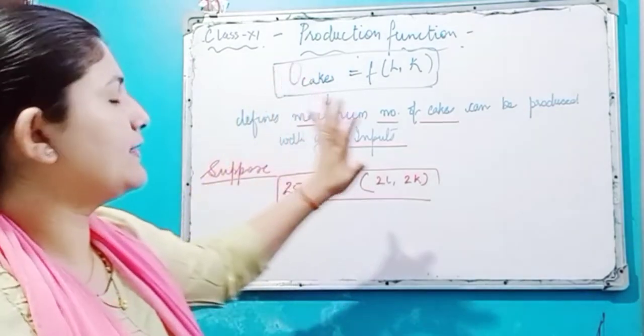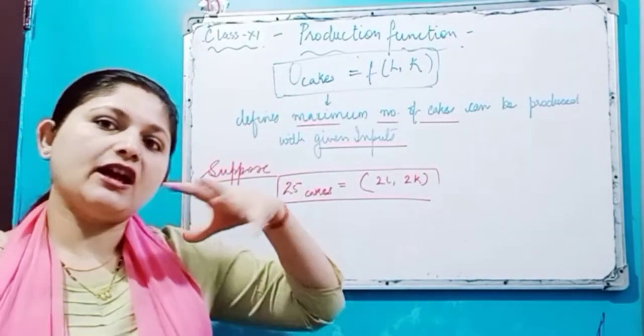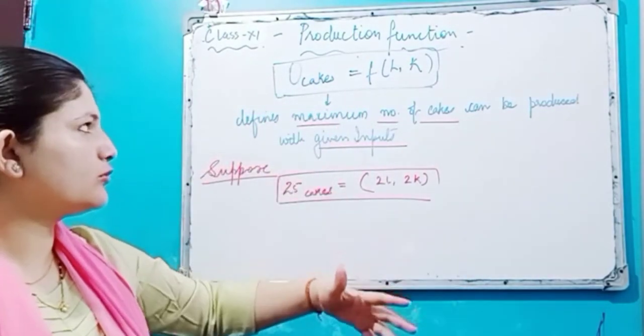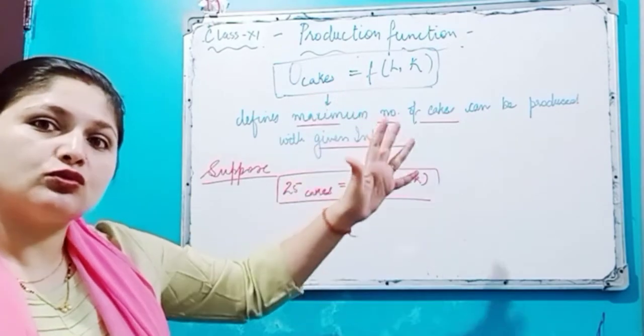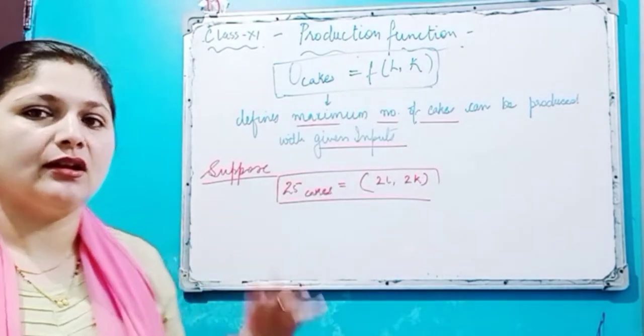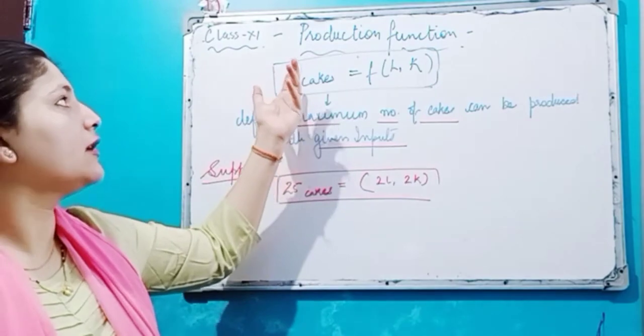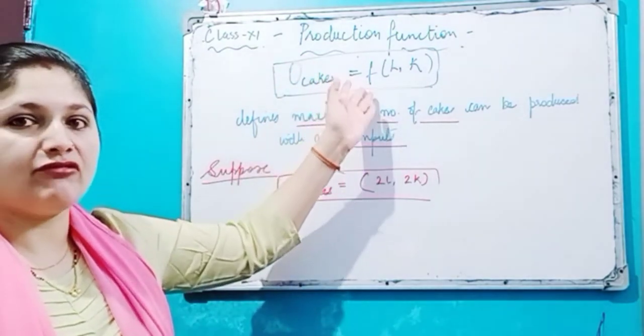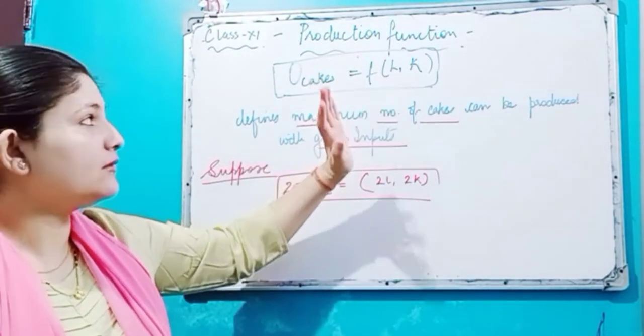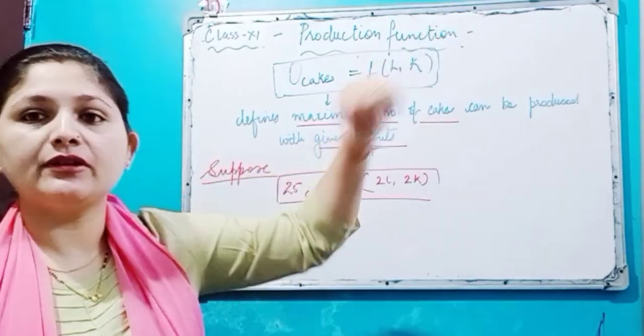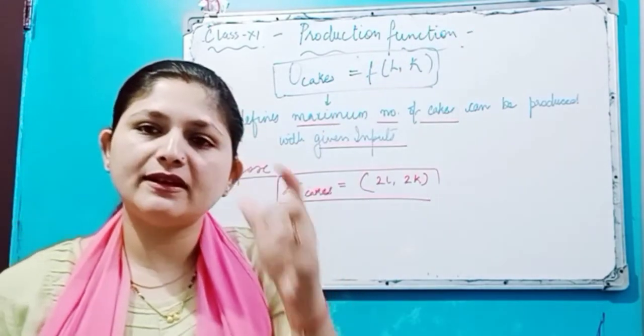So according to our example, we are supposed to bake cakes, and for those cakes we are given two inputs, which are labor and capital. So the equation can be expressed as output of cakes depends on, F means depends on, function means depends on, labor and capital. Now what is this equation basically telling you?